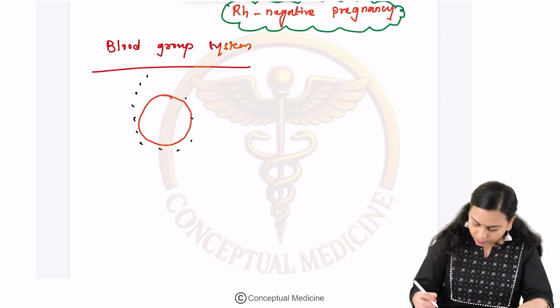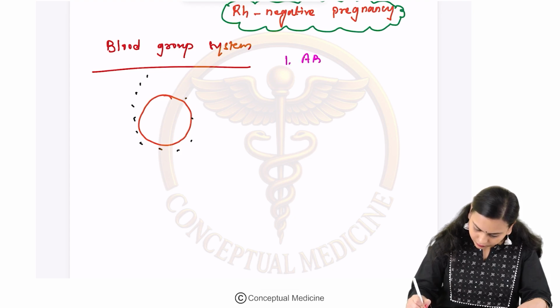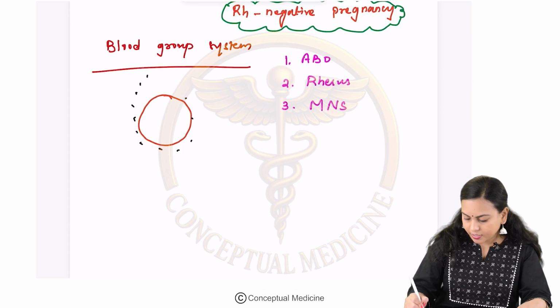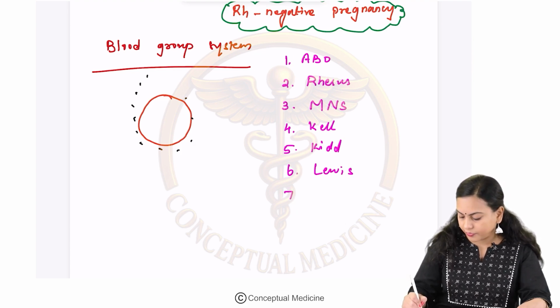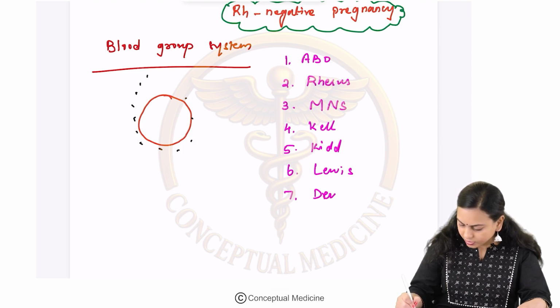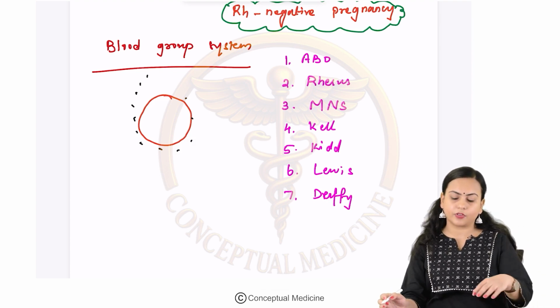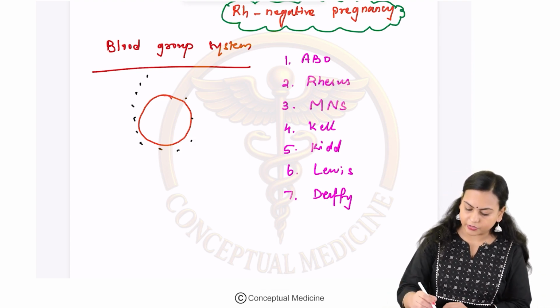Based upon this, it is classified, namely, first one is the ABO system, second one is the rhesus system, and you also have MNS, KEL, KID, Lewis and Duffy, and more, but these are some of the important blood group systems we are going to discuss.